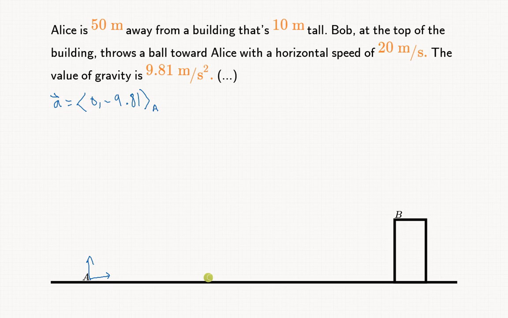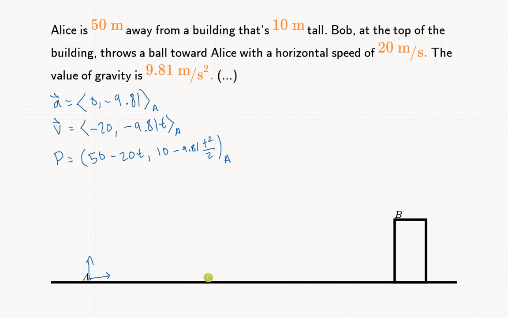And let me write a subscript A here to emphasize that this is in that coordinate system. Then their velocity vector will be <-20, -9.81t>, where t is the time since the ball was thrown. And then their expression for the position, now this is going to be a point, will be (50 - 20t, 10 - 9.81t²/2).